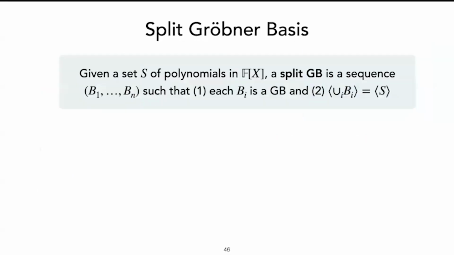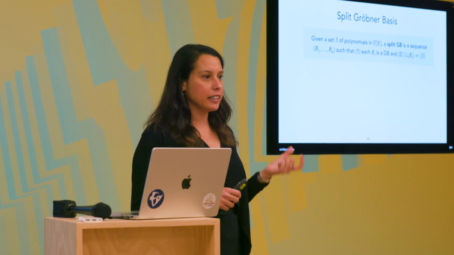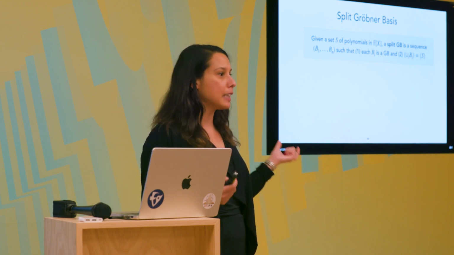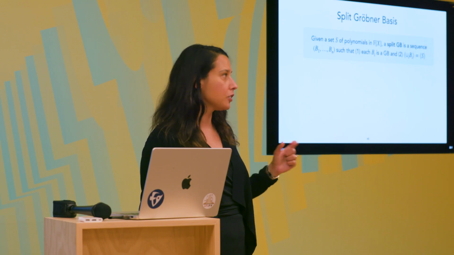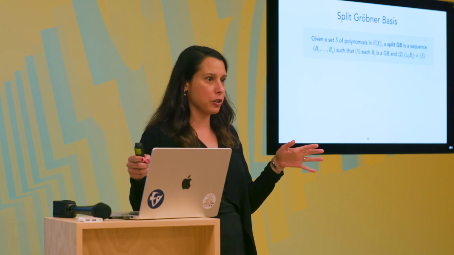That brings me to the contribution of this CAV work, which is the idea of a split Grobner basis. Given a set of polynomials S in our finite field, we say a split Grobner basis is a sequence of bases b1 through bn, such that each bi is a Grobner basis for some subset si of S. So we split S into s1 through sn.